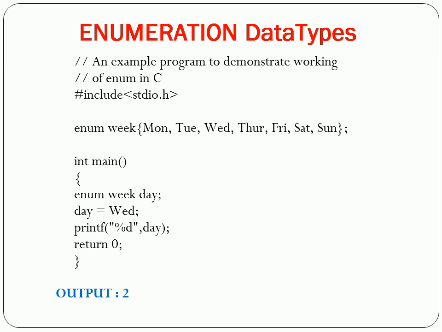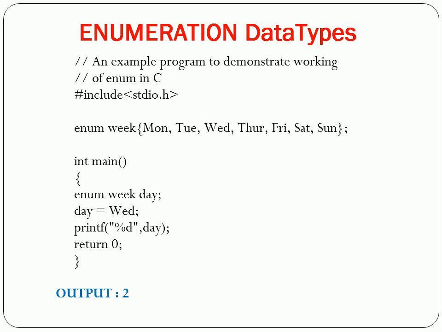Now if you want to access the value which is stored under the variable week, you have to make use of day in your program. The next statement we have written is day equal to Wednesday. It means that the value Wednesday will be stored under the variable called day.